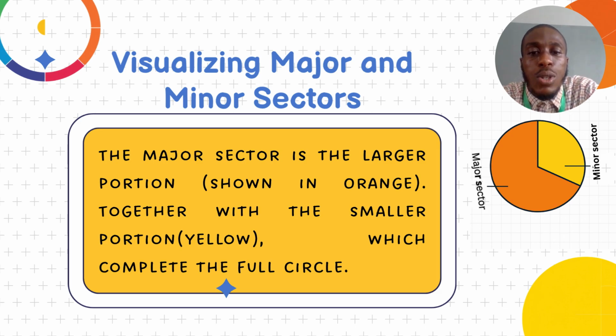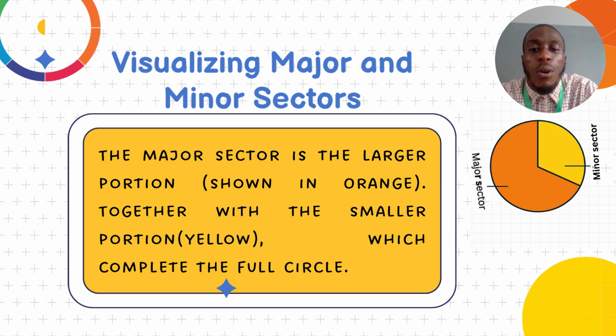Then we have the smaller portion, the yellow portion of the circle, as the minor sector. The major sector plus the minor sector combine to form a full circle.